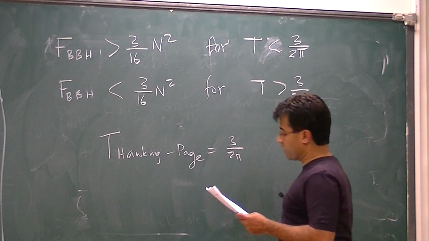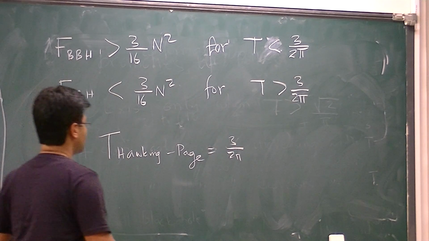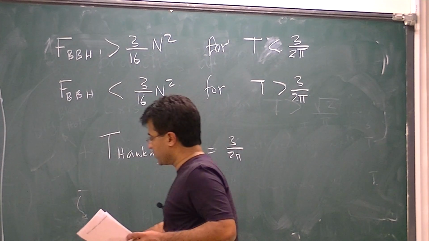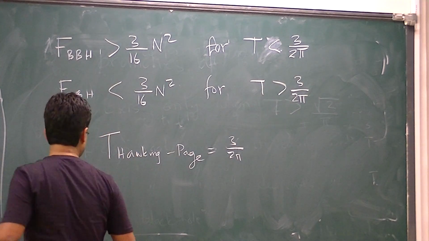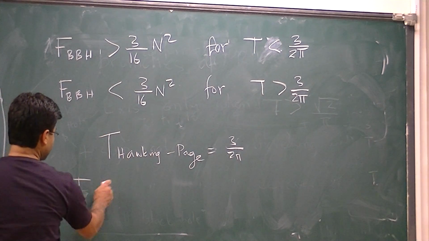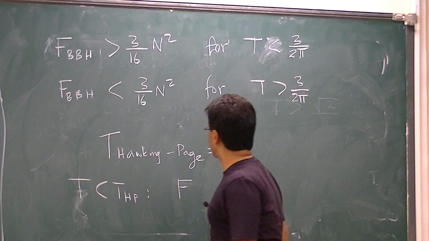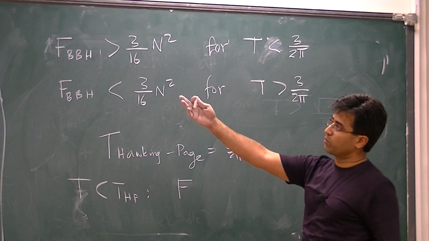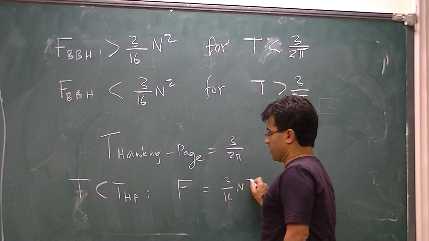is 3/2π, and in fact you can sort of see that this phase transition is a first order phase transition, because if you calculate the free energy, so first we know that for T less than T Hawking-Page, the free energy, since the ensemble is dominated by thermal AdS, is just 3/16 N squared.